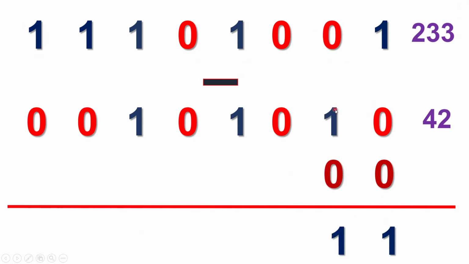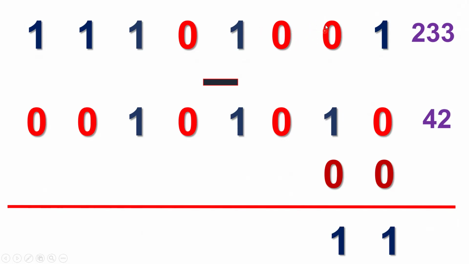So 0 minus 1. Of course, now you have to borrow 1 from its next bit position because 1 here is greater than 0 and you cannot subtract. So now we'll see that this 0 borrowed 1 from the next bit position. We'll see how it borrows 1 from its bit position.